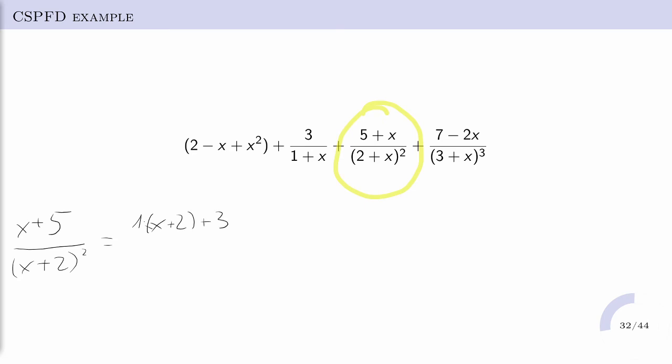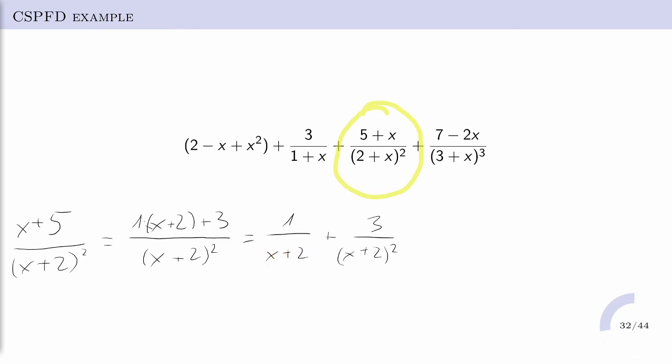So the quotient is 1, the remainder is 3, over x plus 2 squared, and we split it into a sum of two fractions. So this is 1 over x plus 2 plus 3 over x plus 2 squared, and here the numerators have degrees lower than this square-free polynomial.